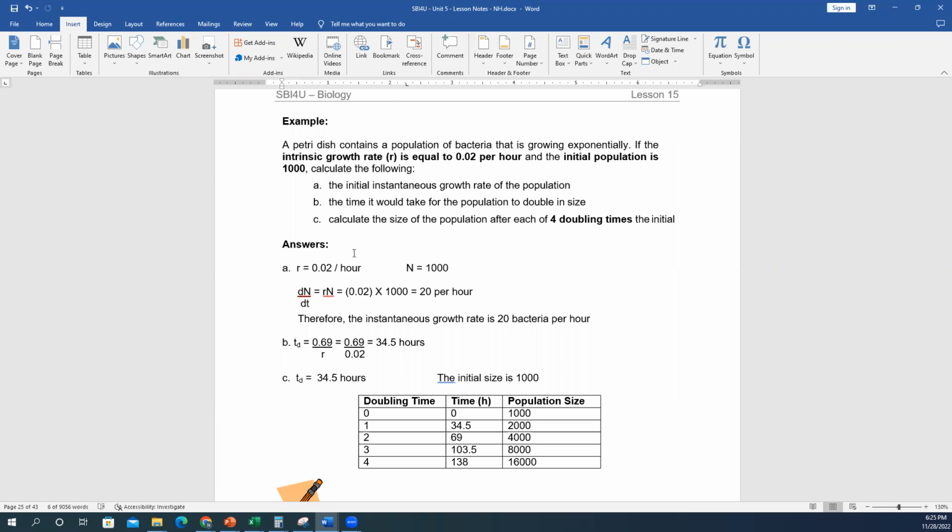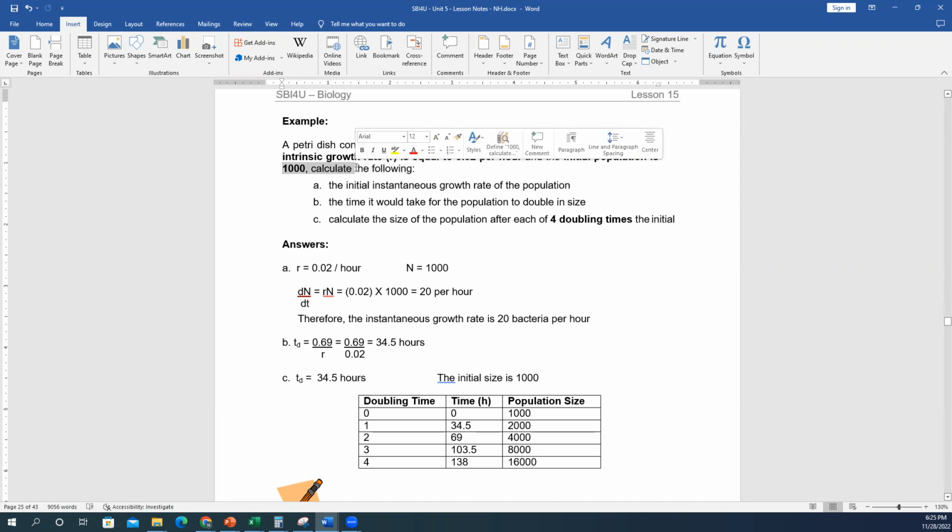And in this case, you're told that the intrinsic growth rate, or R, is 0.02 per hour, and that the initial population is 1,000. So you started out with 1,000, and the growth rate is 0.02 per hour.